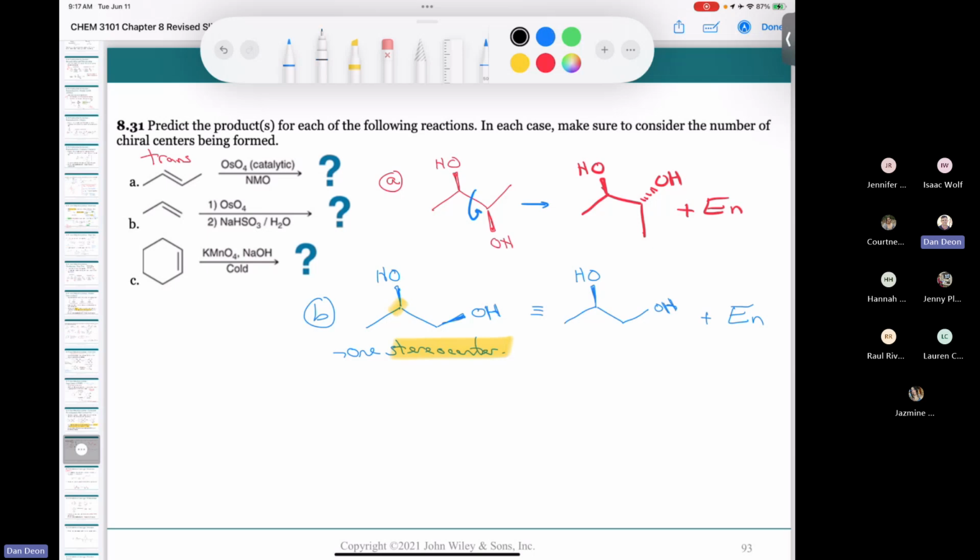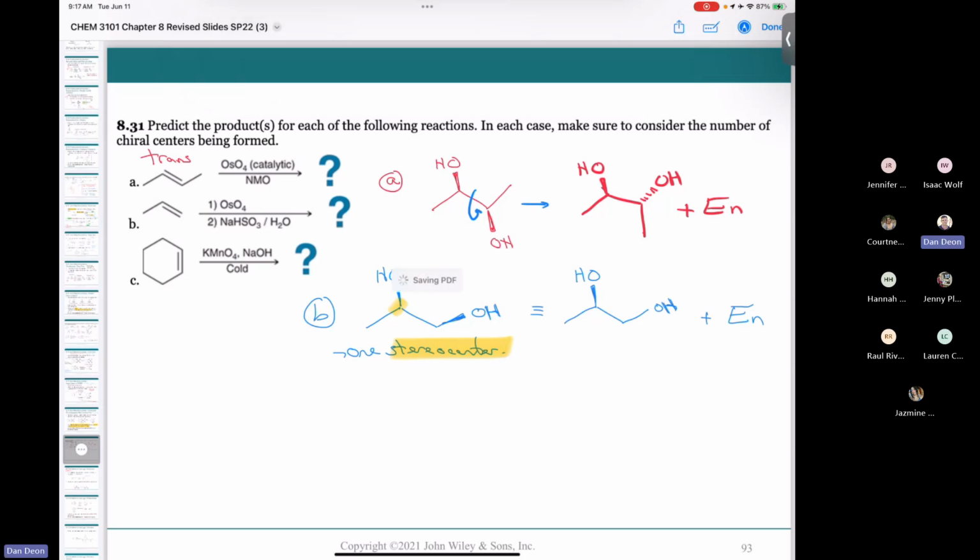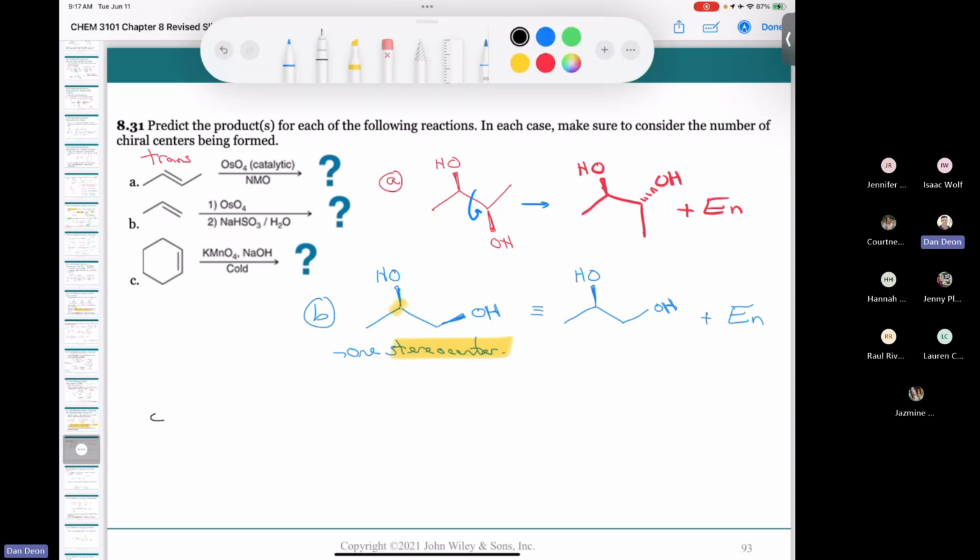And then for C, we end up with our cyclohexane ring. We have one hydroxyl group pointing up and one hydroxyl group pointing up, right? Because this is a syn dihydroxylation. Am I going to get an enantiomer in this case? Yes or no?